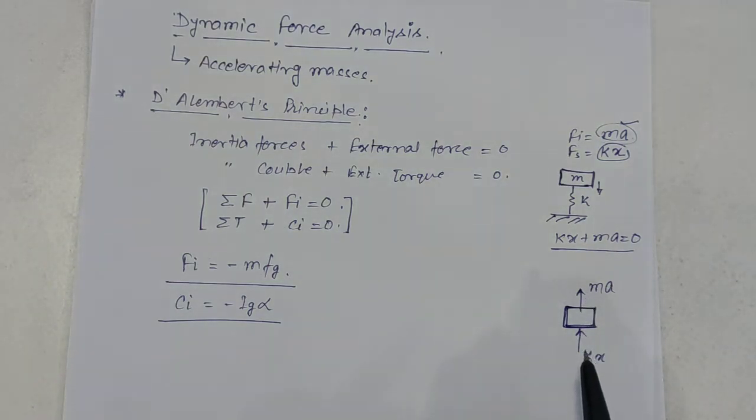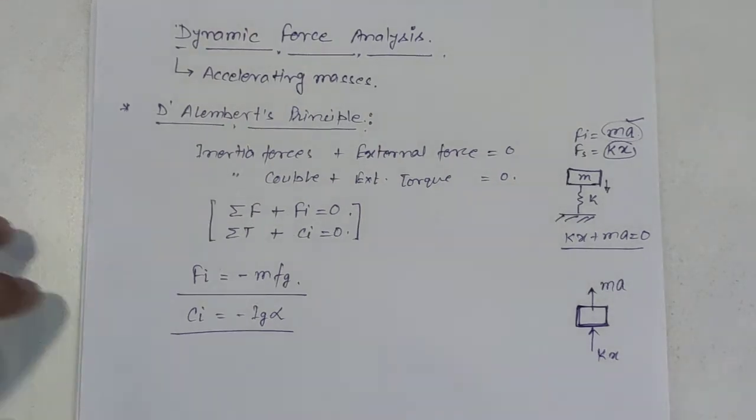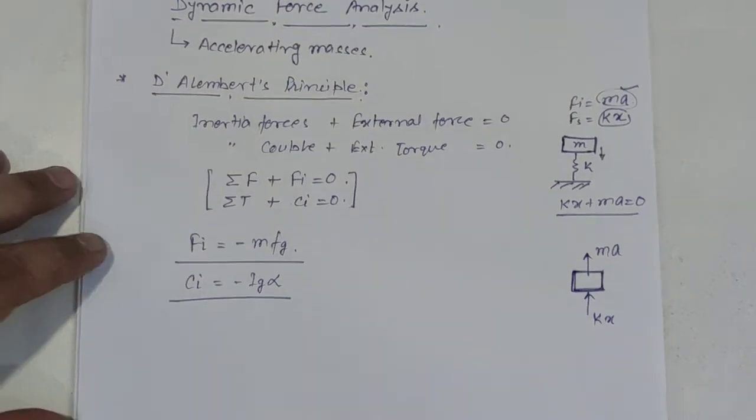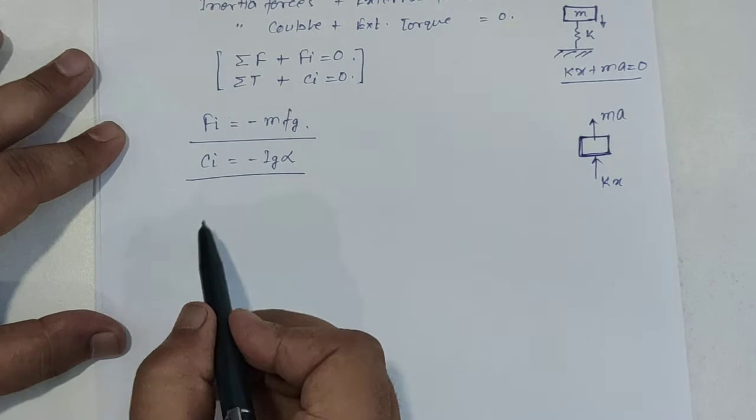One term we can also discuss here in the dynamic equilibrium system, that is the equivalent offset inertia force.